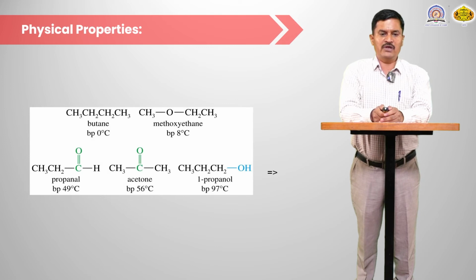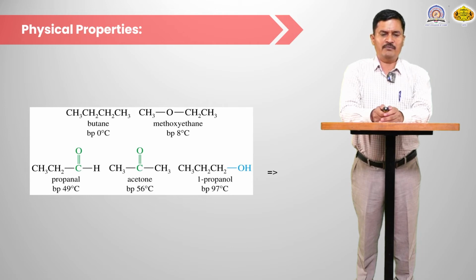For example, the boiling point of butane is 0 degrees Celsius, while the boiling point of methoxyethane, an ether, is 8 degrees Celsius, while the boiling point of propanol is 49 degrees Celsius, so the boiling point of propanol is higher as compared to the aldehyde or butane, the alkane.